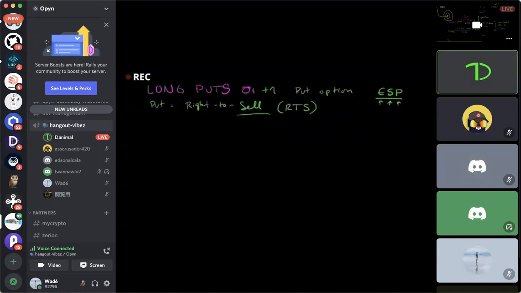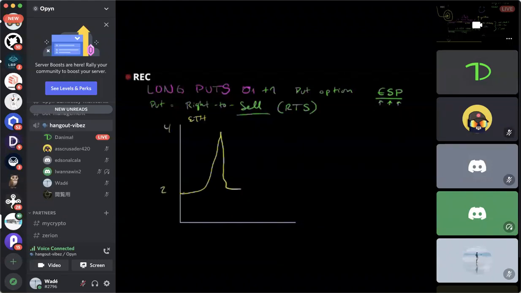So let's visualize it on a chart like we just talked about. Here we have Ethereum, same chart we're going to talk about. So we have 2K, 4K, right? In recent history. So let's say Ethereum had got up to 4K and we're sitting at this point.